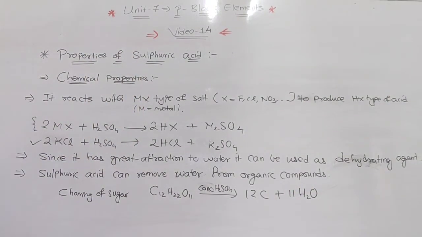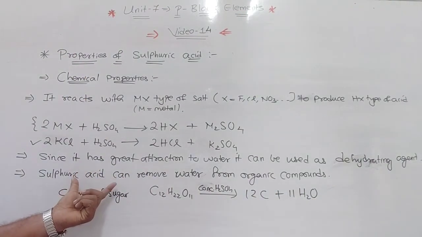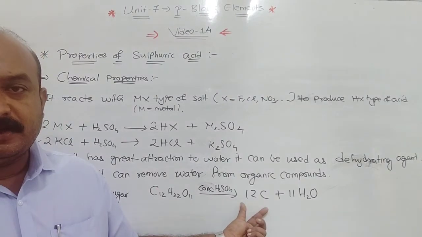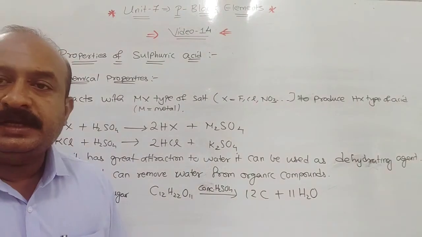Understood? This is the removal of water molecules because it has great affinity. If you mix sulfuric acid with sugar, the sugar will turn black, that is 12 carbon. This is called charring of sugar.